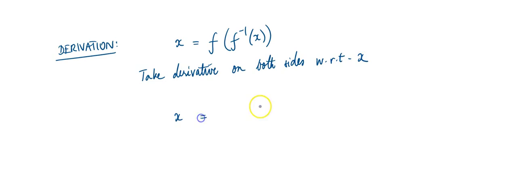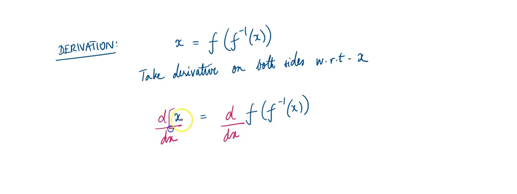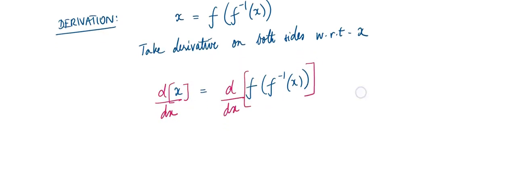So I just want to show this a little elaborately, so I'm going to use colors. You're taking the derivative on both sides. The derivative of x would come out as 1. But here you have f of f inverse of x.